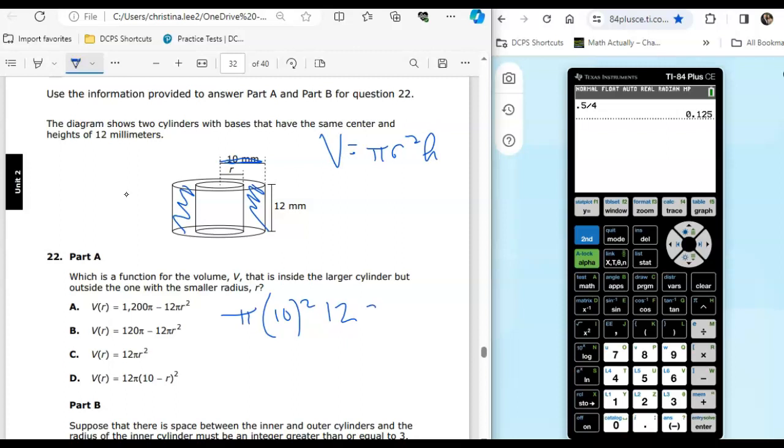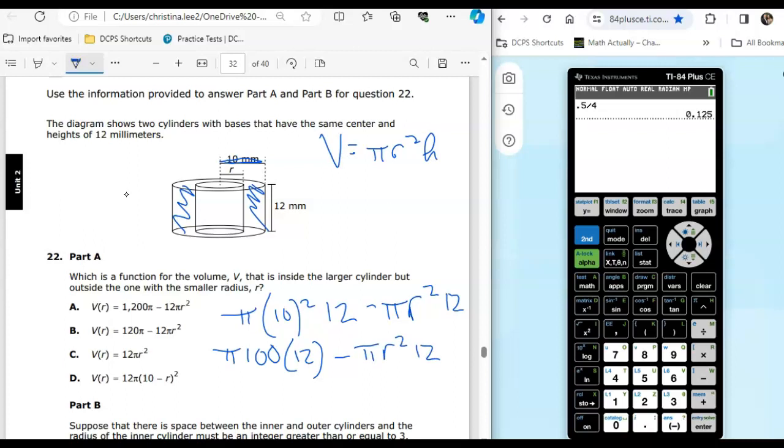So that will be minus pi r squared, because we don't know what it is, times 12. So we have to first square. So this is going to be 10 squared is 100 times 12 minus pi r squared times 12.